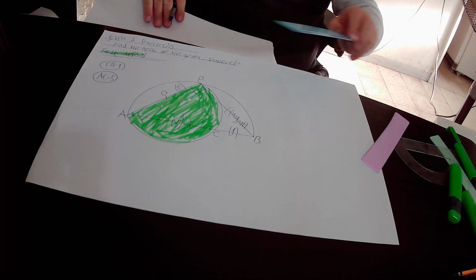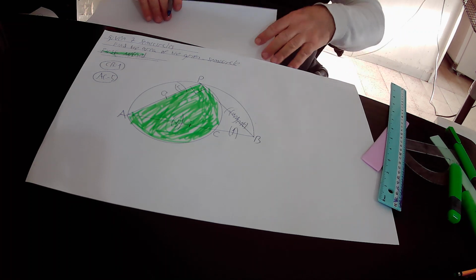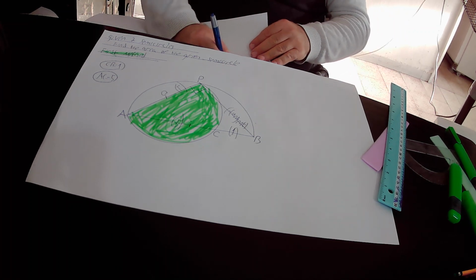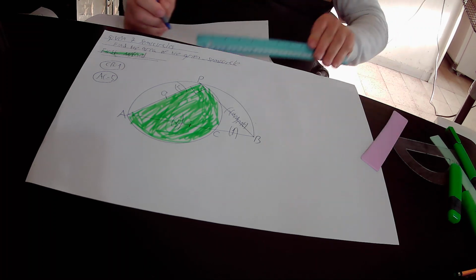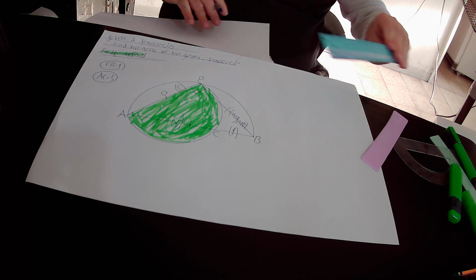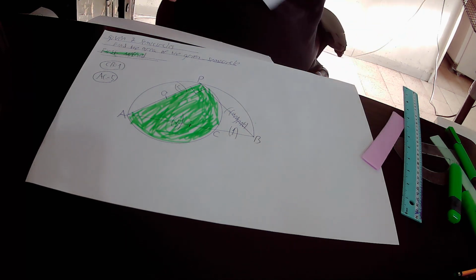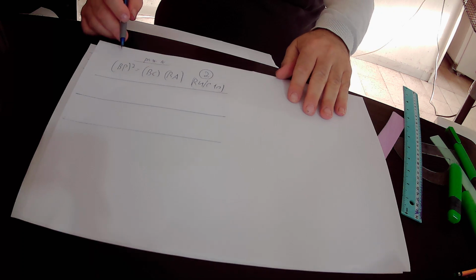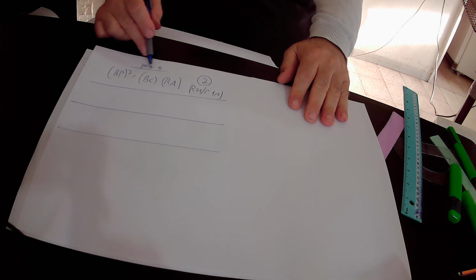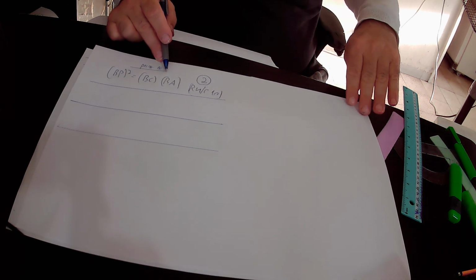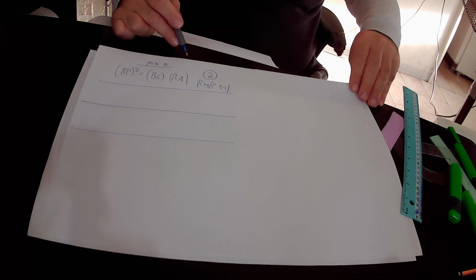Repeat again. If we focus on the point B, then the following equation will be true, BP square equals BC times BA, according to rule 10.